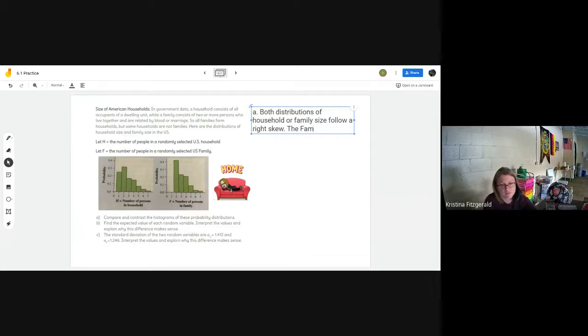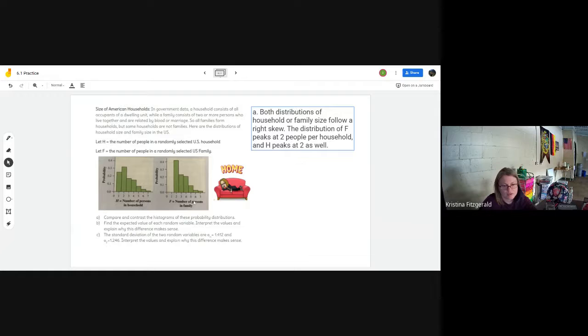The distribution of H peaks at 2 people per household, and F peaks at 2 as well.